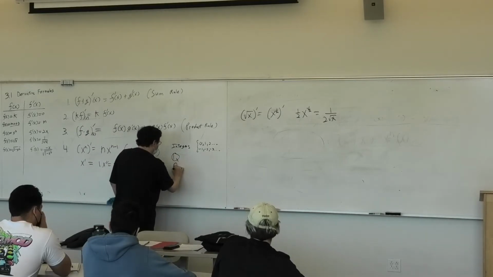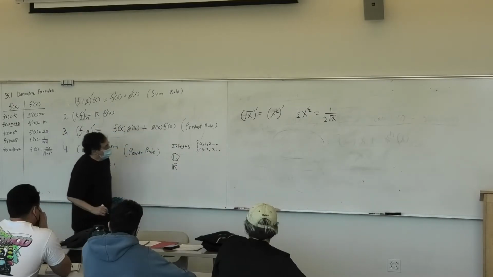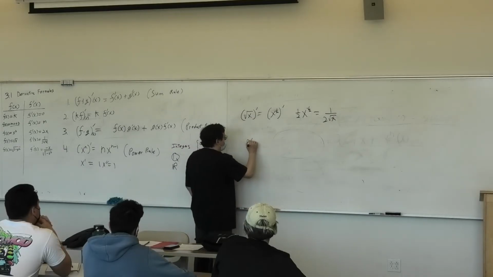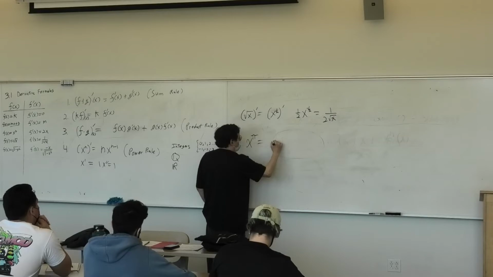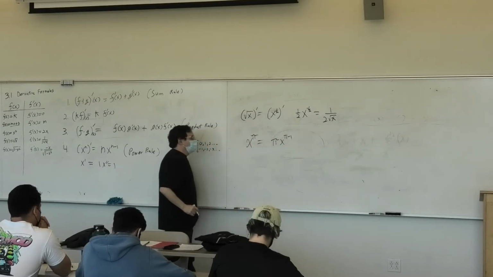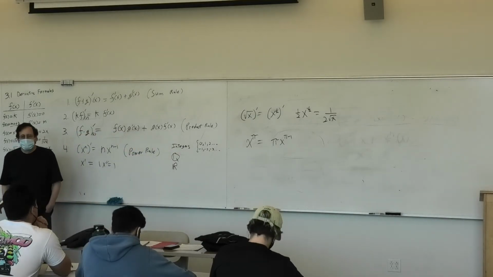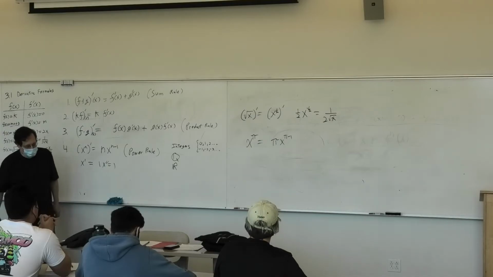It actually works for all real numbers. The derivative of x to the pi is equal to pi x to the pi minus 1. It works for any number. We're not going to prove that here. Just now you have that in your toolbox.